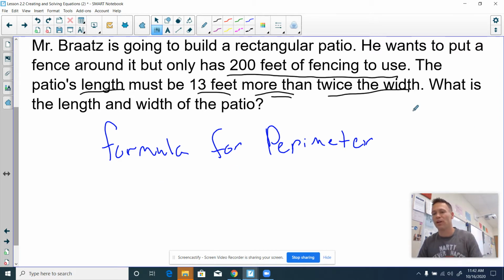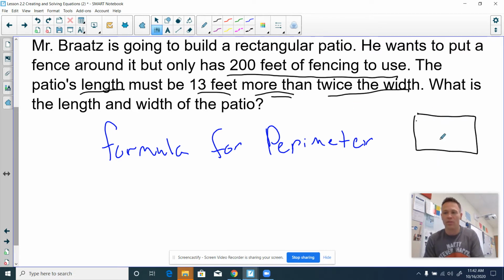But one of the things we have to understand is what is the perimeter of any figure, right? In this case, it's a rectangle. Well, the perimeter is just adding up all of its side lengths. So if I have a length here and a width, the opposite sides are the same, so this would also be the width, this would also be the length. The formula for perimeter can be written two different ways.